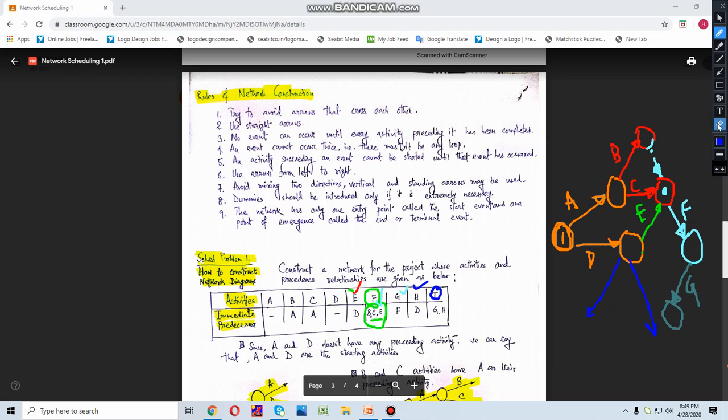Okay, so what we will do, we will just remove these two things here and we will merge it here, and now you can generate the activity I.